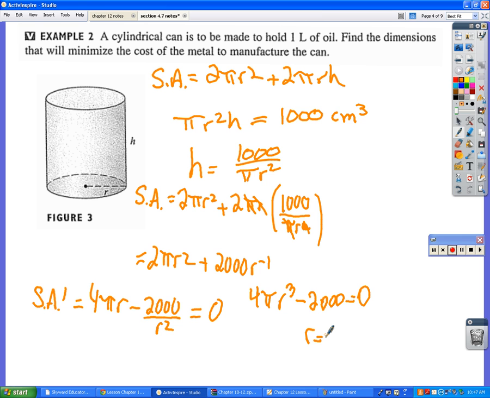Add 2,000, divide by 4, divide by pi, take the cube root. If you're going to divide by 4 pi in one step, please remember to put the 4 pi in parentheses so it divides by both of them. You take the cube root, or you could raise it to the 1/3 power.